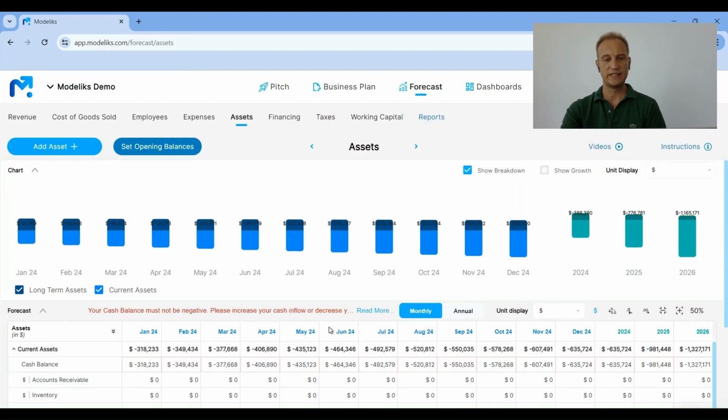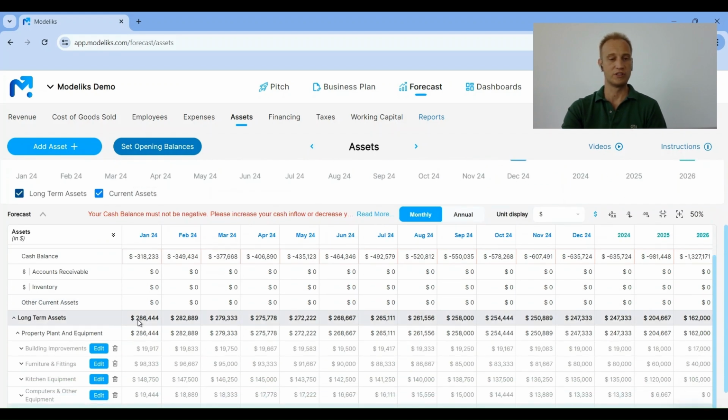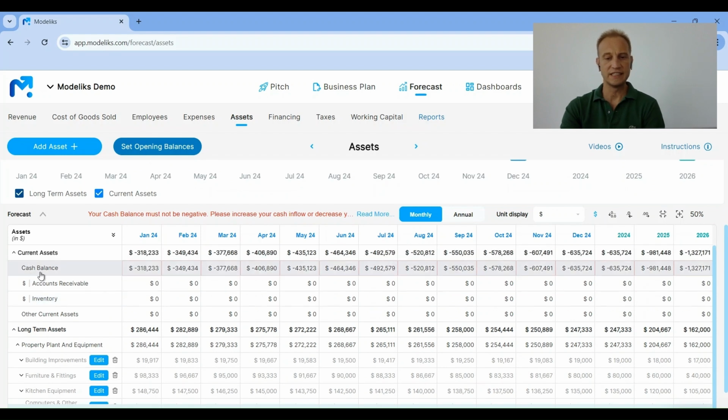With that, we see that we have calculated our total assets that we need in order to run our restaurant. Now, what we can see here is that our cash balance is negative. So we'll need some financing in order to finance these assets and this equipment that we buy in order to fit out our restaurant.